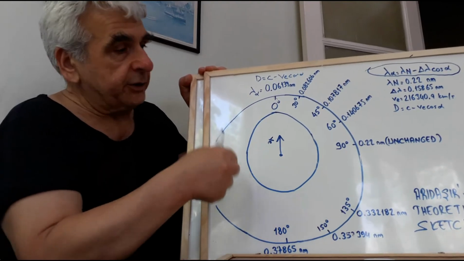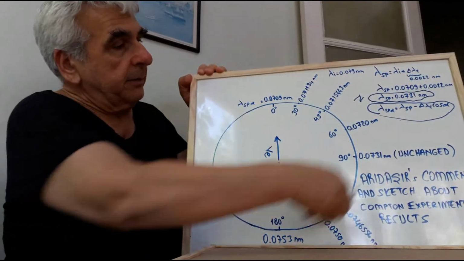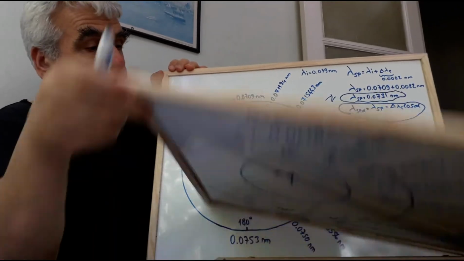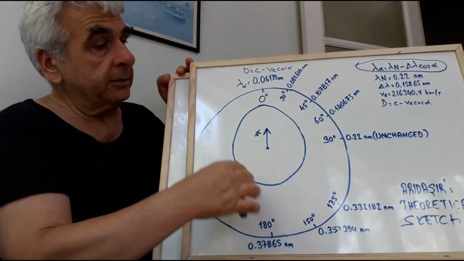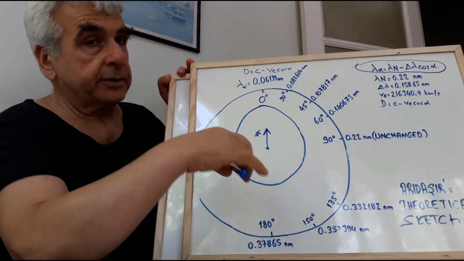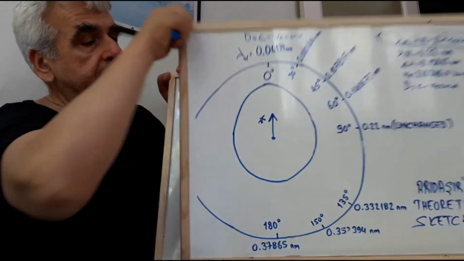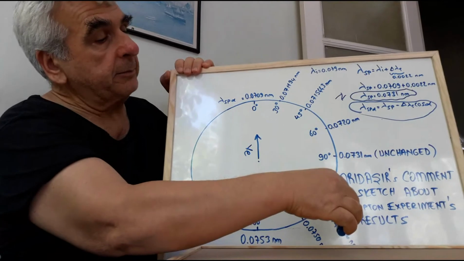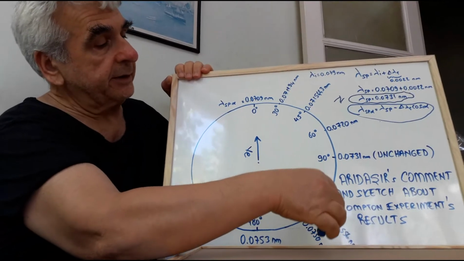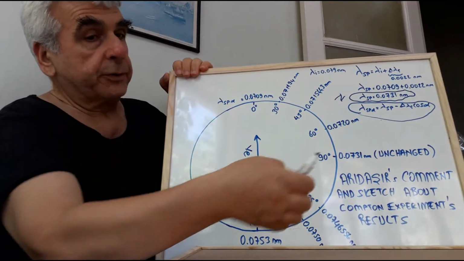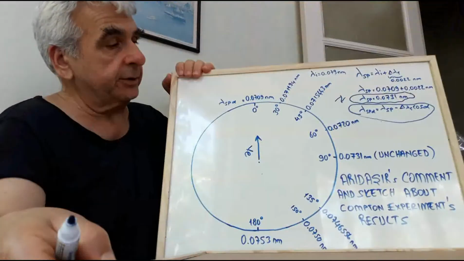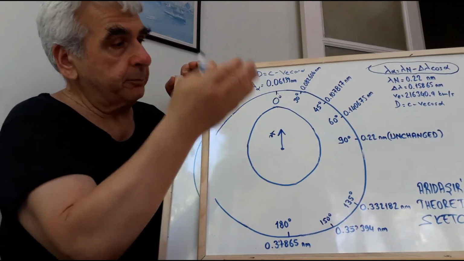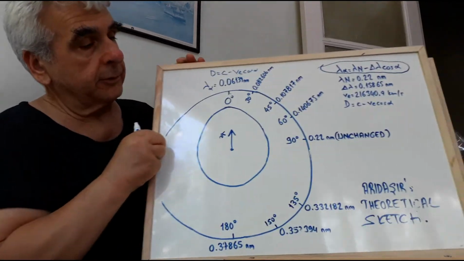And what is its projection? The Compton experiment results are the projection of my theoretical results, this sketch projection. This is my comment according to my theory and my formulas. The Compton experiment results are the projection, the reflection, of these that I put forth. Okay?